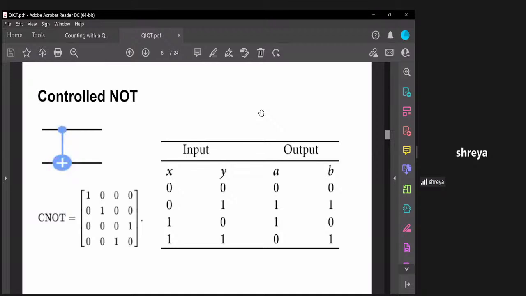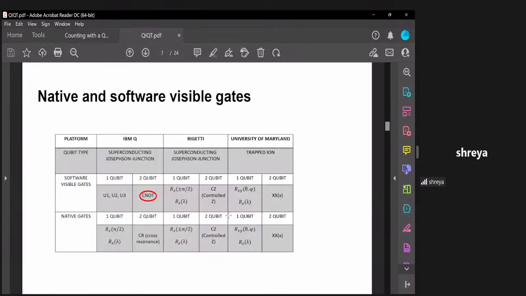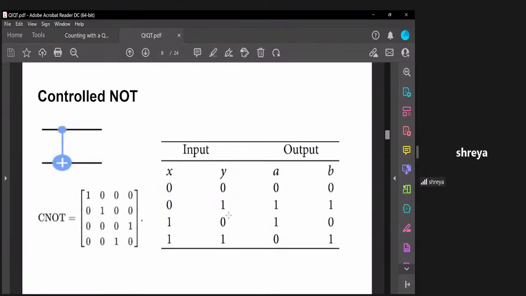Now, the optimization part, what can we do? If you remember this figure, this is pretty chaotic, and this is not at all the result one expects from quantum computers, because then it will be useless. So what can we do? This is something that probably most of you know. This is a control NOT gate. This is the matrix of the control NOT gate, and this is what it does.